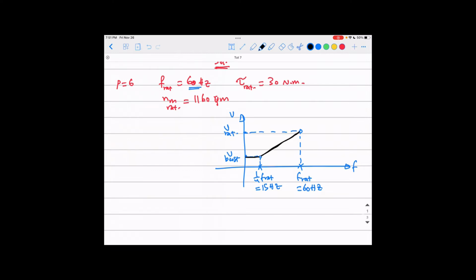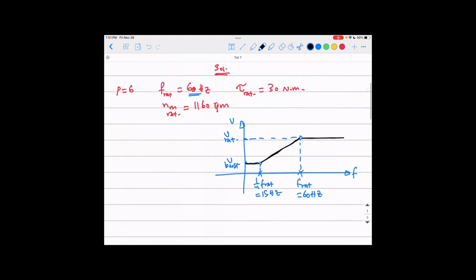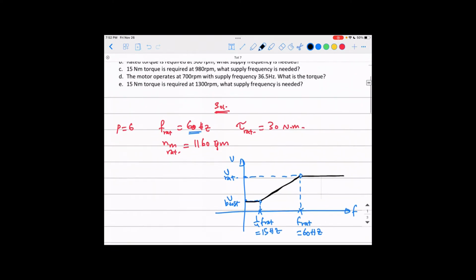Linear relationship here means the V over F ratio stays constant at the rated value all the time. After this you can no longer increase the voltage over the rated voltage, that's why we keep it constant. Just to remind you how we did this.